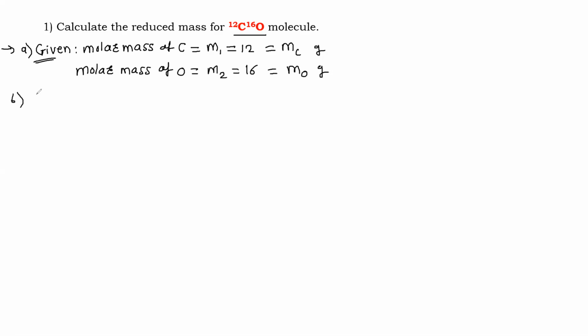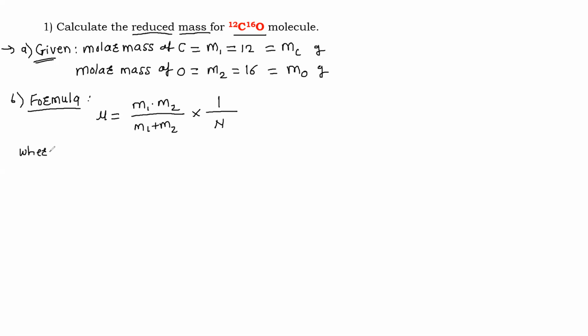So the first part of the numerical problem is complete, that means the given values. Now the second part is the formula. In this problem you have to find the reduced mass, and we know the formula of reduced mass is mu is equal to m1 times m2 divided by m1 plus m2, into 1 upon N, where this capital N is nothing but the Avogadro number, which is 6.023 into 10 raised to 23 molecules.